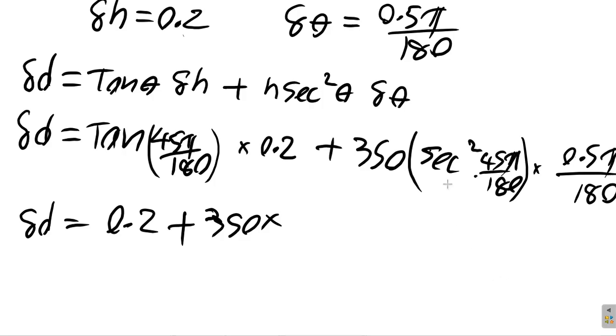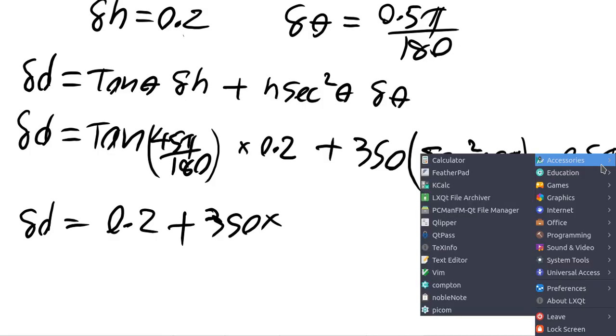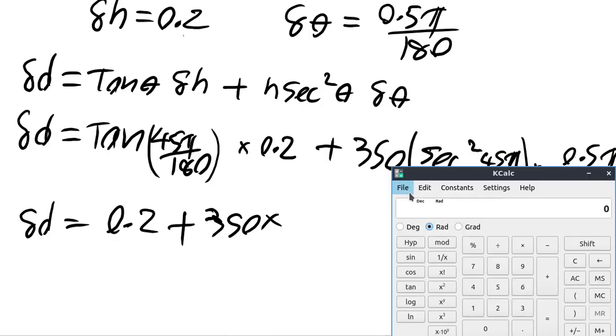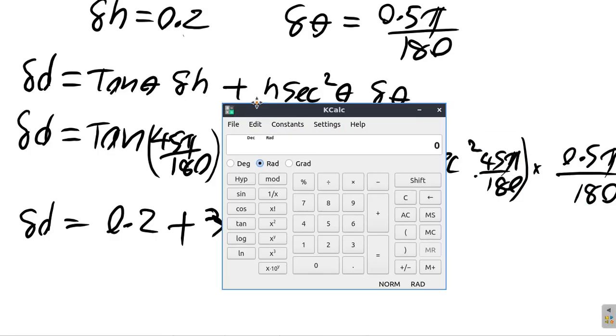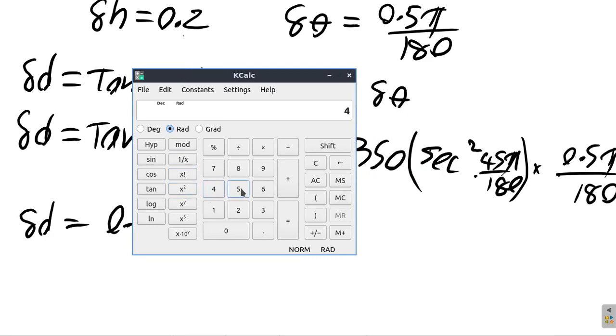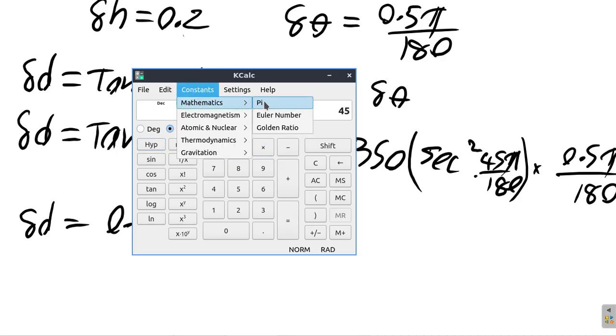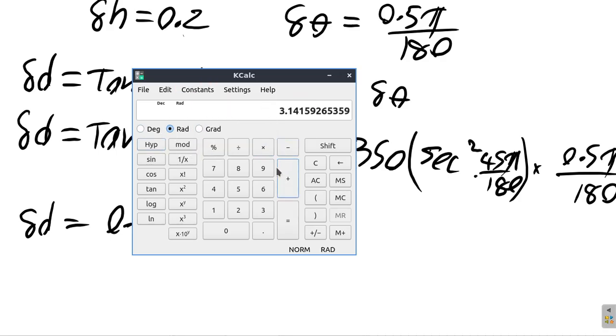Alright, so sec squared 45. Let's work it out in radians. Sec squared of 45 multiplied by pi over 180, equal.